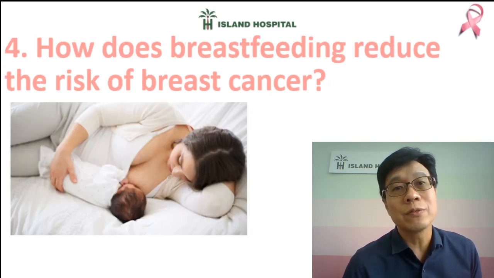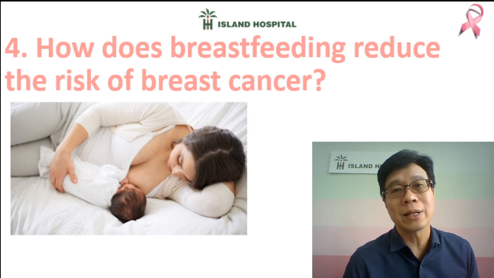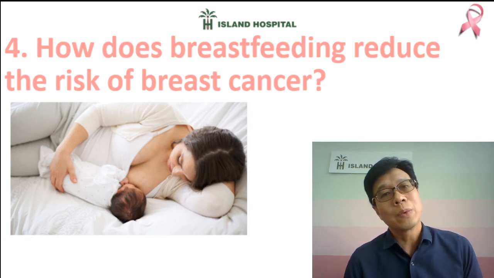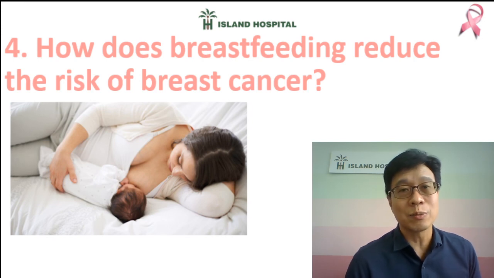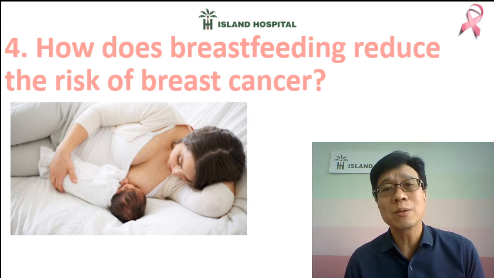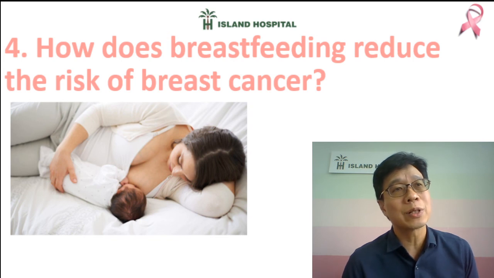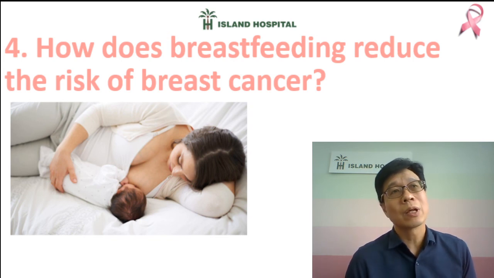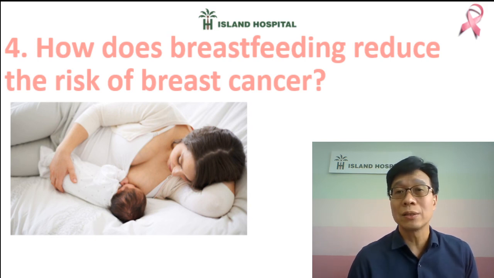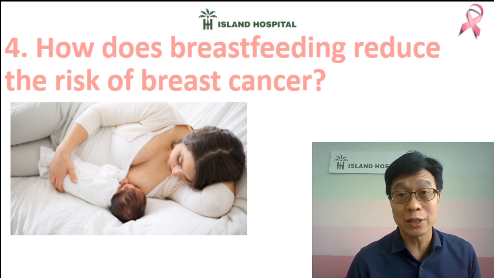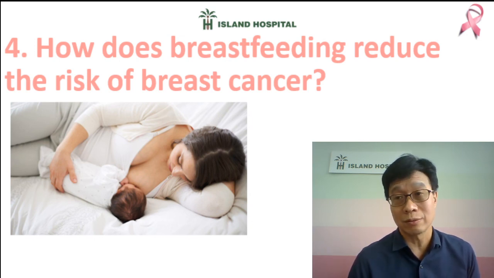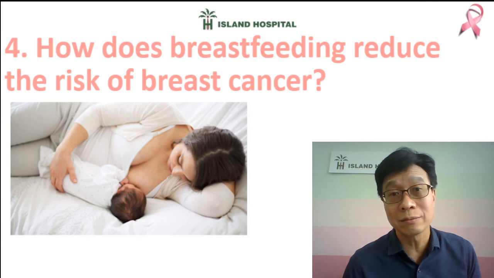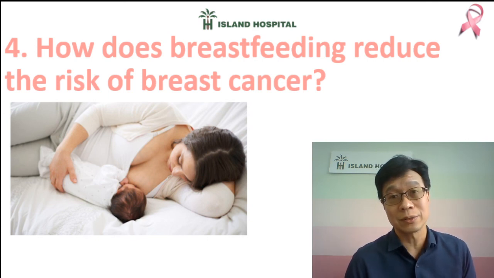How does breastfeeding reduce the risk of breast cancer? Well, we know this fact more from the statistics point of view, but there are some theories that try to explain why that is so. One is that during breastfeeding, a lot of mothers do not have their menstruation, so it reduces the period of exposure to normal menstrual cycle, and therefore risk is reduced.